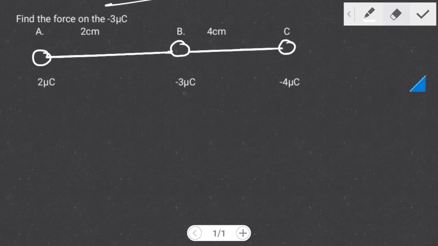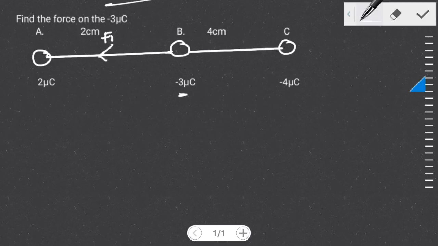This is the -3 nC charge, at point B, and therefore the force between -3 and 2 is attraction, and this one is stationary, so this one is acting on this, and therefore it would be attraction in this direction, of which this would be force 1.